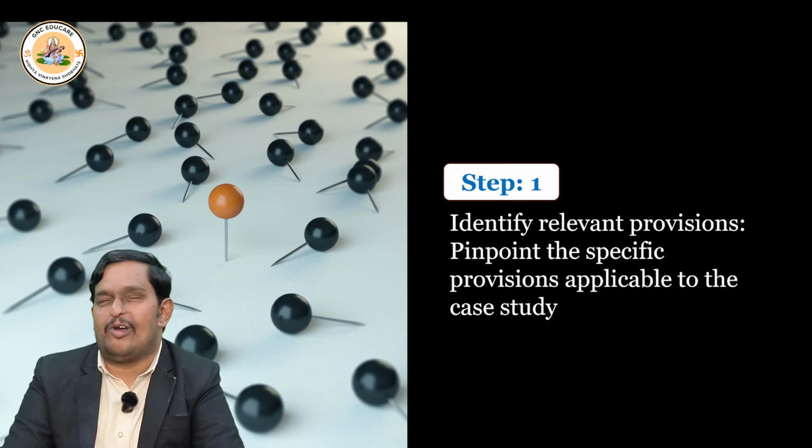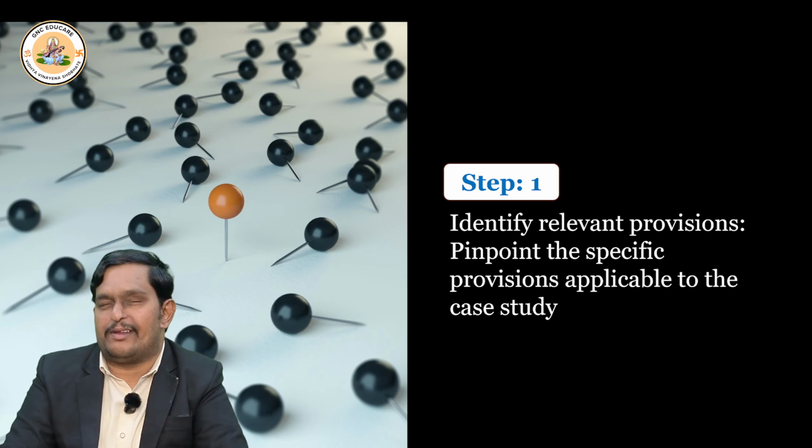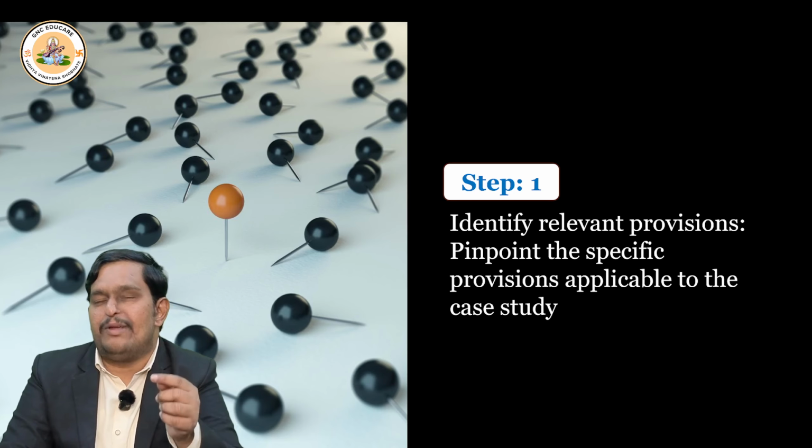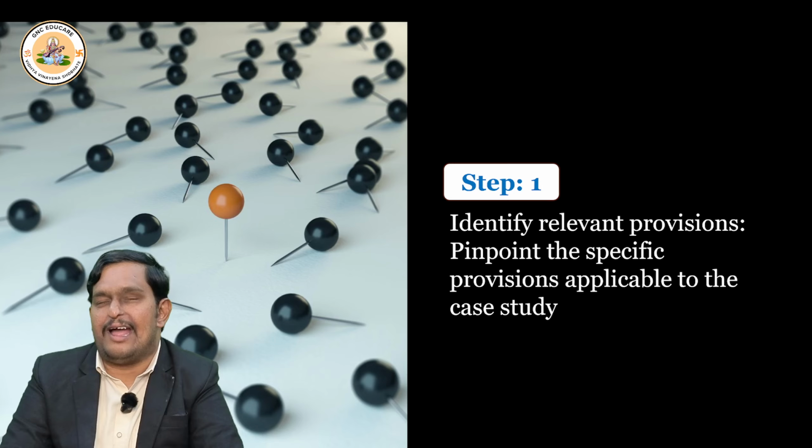Then once you are sure that this is the chapter, what are the relevant provisions? Maybe some section is applicable to that situation, or maybe a similar case law is there. Like in the Indian Contract Act, you would have seen the Balfour versus Balfour case law. In the Companies Act, Royal British Bank versus Turquand.